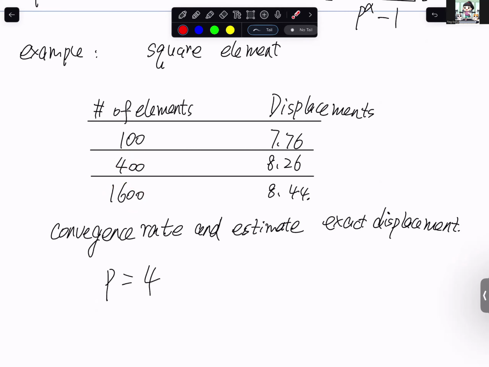What should be the P here? Just guess. I mean, it's fine. What? 3? Why 3? You need to give me a reason. Yes, it's not a reason. Any other opinion?